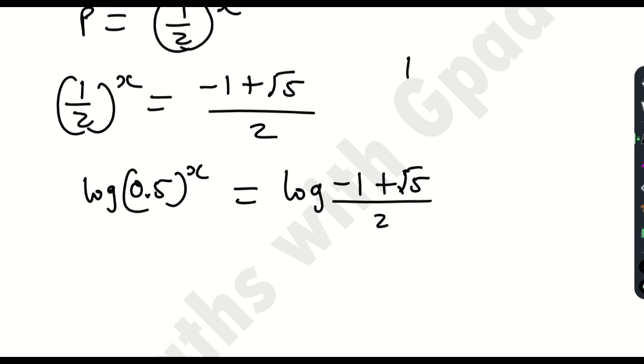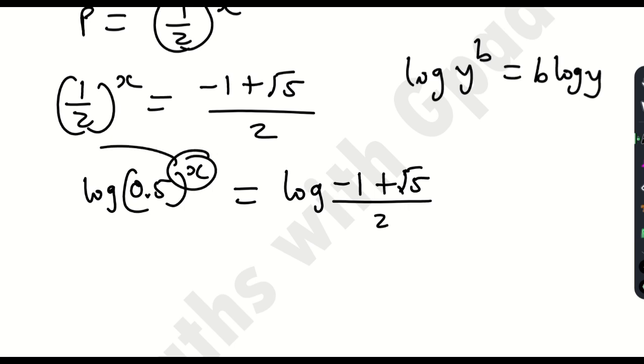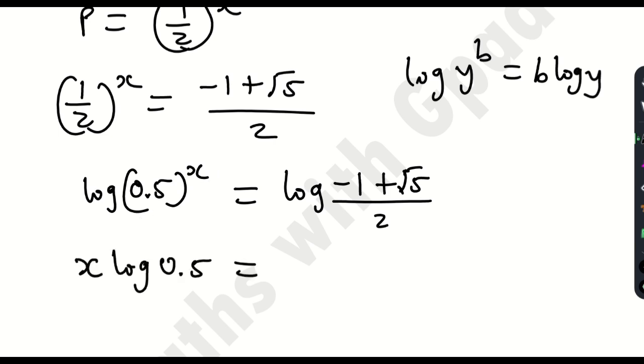If you have, say, log y raised to the power b, this can be written as b log y, from one of the laws of logarithm. So this x will become the coefficient, or we multiply the logarithm. So what do you have? X log 0.5 is equal to log -1 plus root 5 over 2.